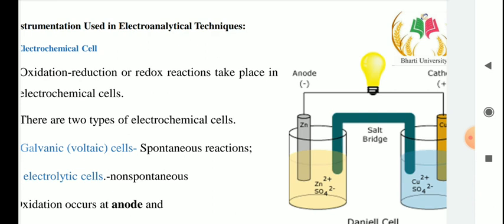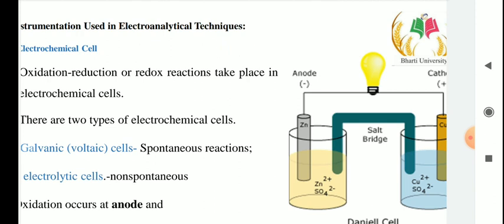In an electrochemical cell, oxidation and reduction reactions, also known as redox reactions, go on simultaneously. So, in an electrochemical cell, a redox reaction takes place.